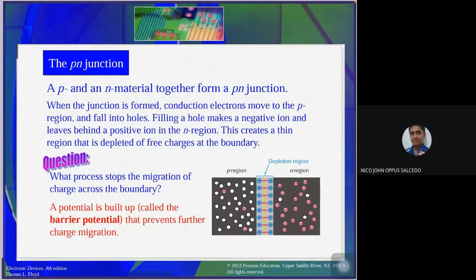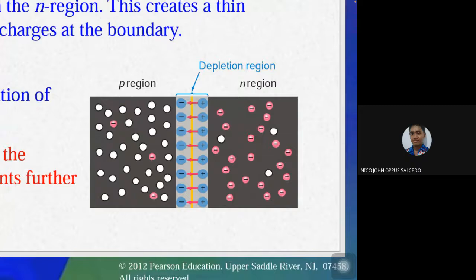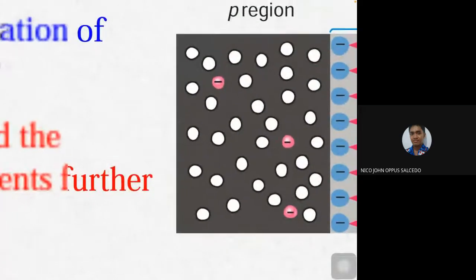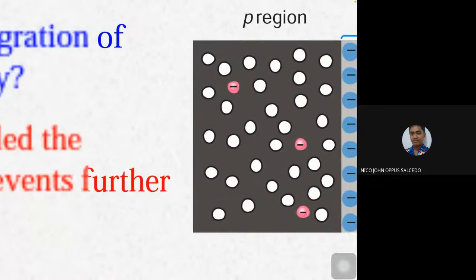So, when the junction is formed, conduction electrons move to the P region and fall into the holes. Filling a hole makes a negative ion, and so on. So, this is the P-type material, okay? The P region. It is full of holes, right? It is full of holes.